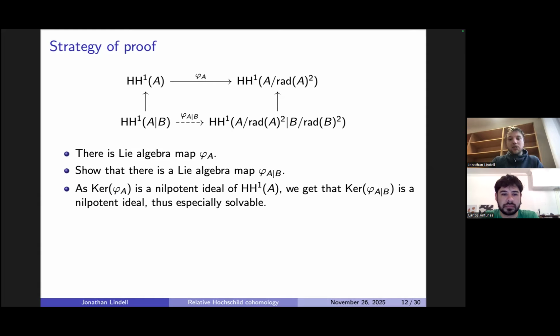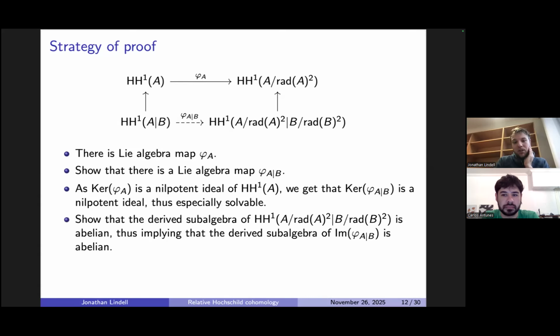In particular, it's solvable. And then the nice thing about the right-hand side is that since we're quotienting out by the radical squared, this is all monomial. So then we can really compute things there using the theory developed by Strametz and Sánchez-Flores, and show that the derived subalgebra on the right-hand side is abelian, thus implying that the derived subalgebra of the image is abelian.